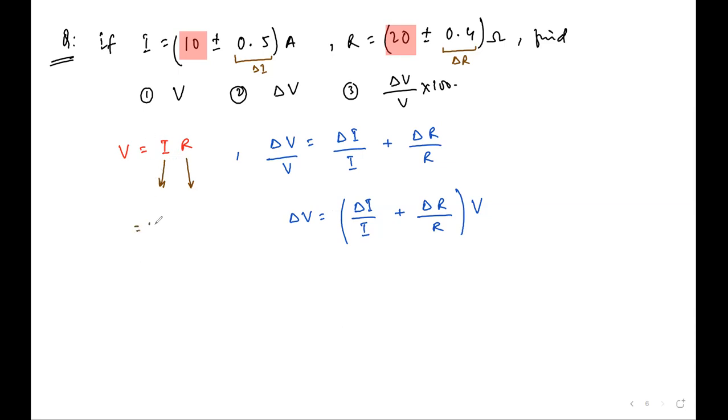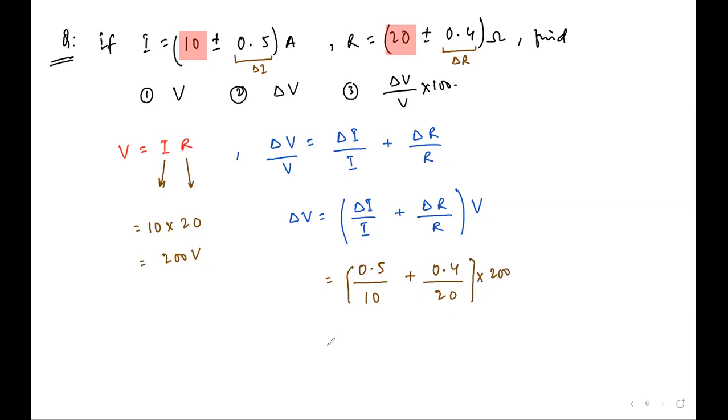I is 10, R is 20. So if you multiply these two terms, you will get 200 volt as the true value. Delta I is 0.5, I is 10, delta R is 0.4, R is 20, whole multiplied by 200.